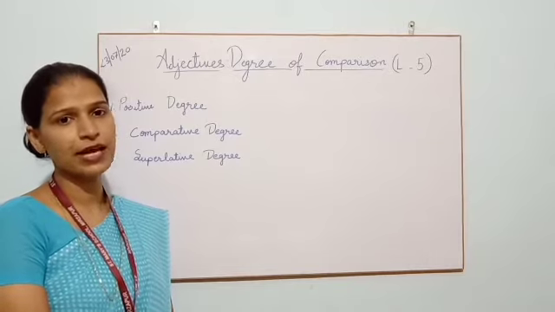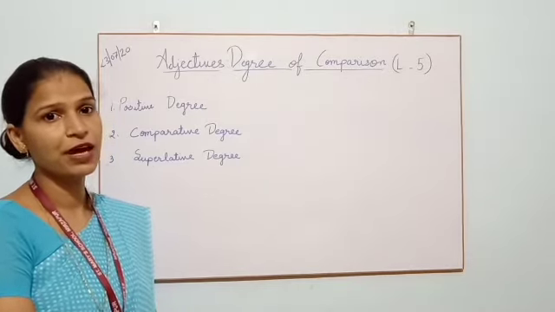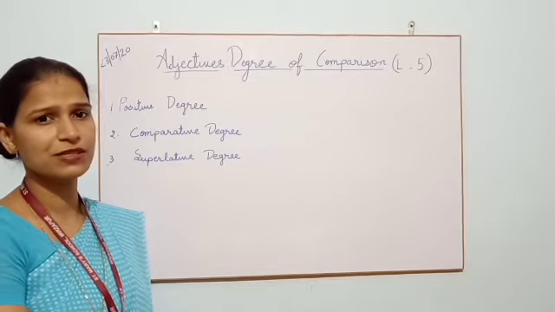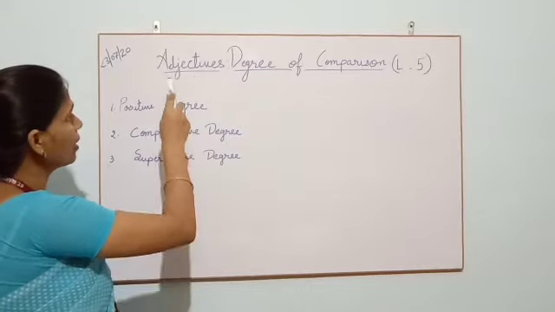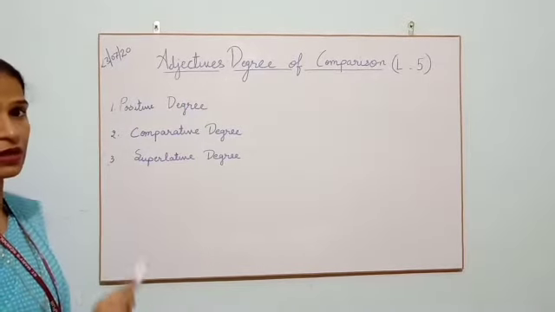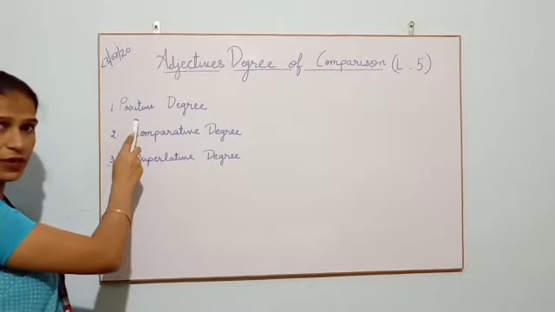So let's recapitulate our chapter number 5. Whatever we have learned, let's look at that once again. In this chapter, we have learnt about positive degree.